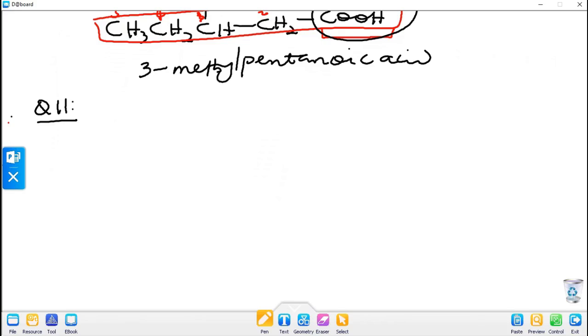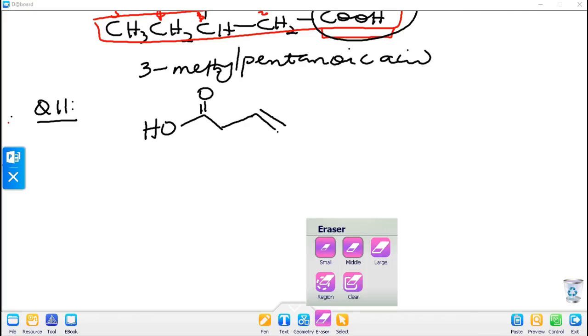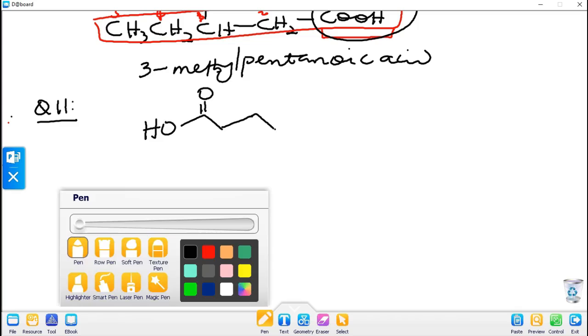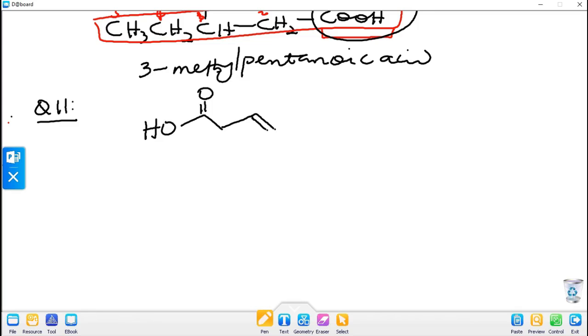Just like the one above, let us take a look at this compound, HO. So this is the compound.